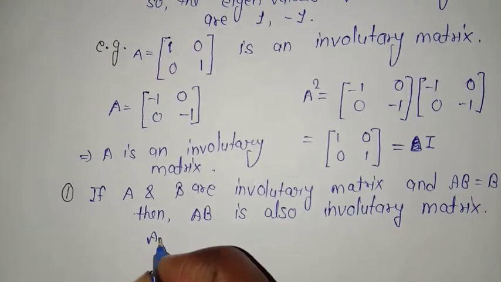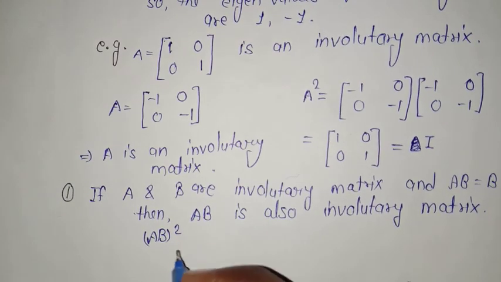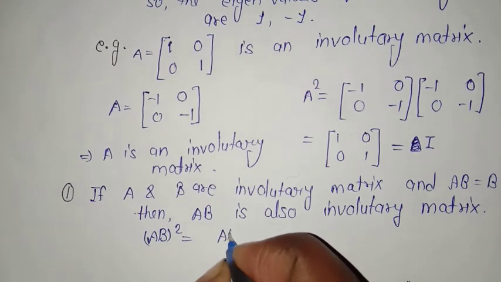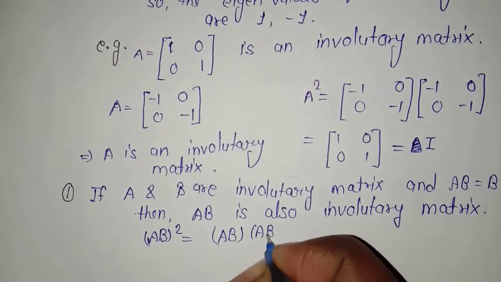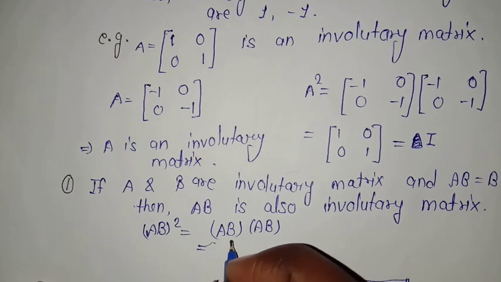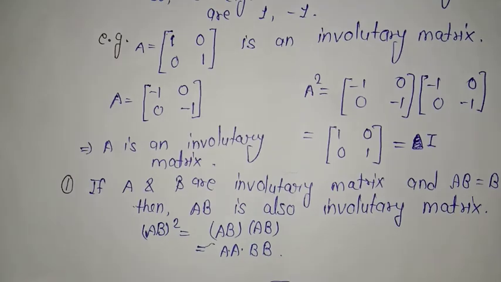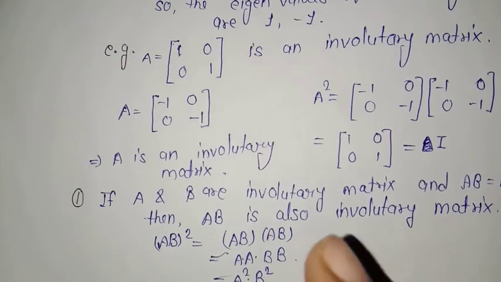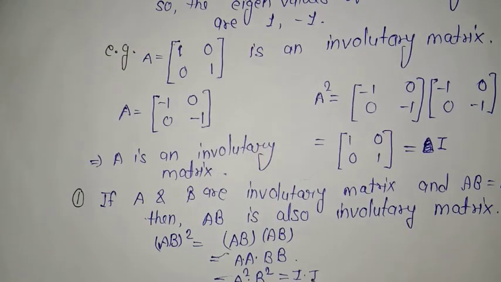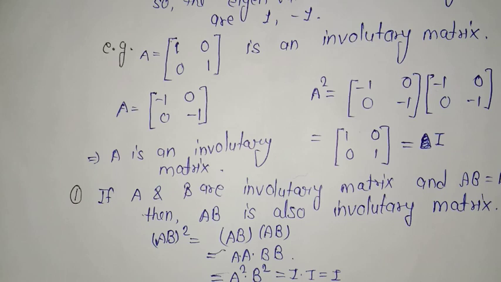In order to prove this, we have to show that AB whole square equals the identity. So AB square can be written as AB into AB, or if we use the commutative property, this can be expressed as A square into B square. Since A and B are involutory matrices, we can write it as I into I, that is equal to I again. So from here we can say that AB is also an involutory matrix if A and B are involutory matrices.